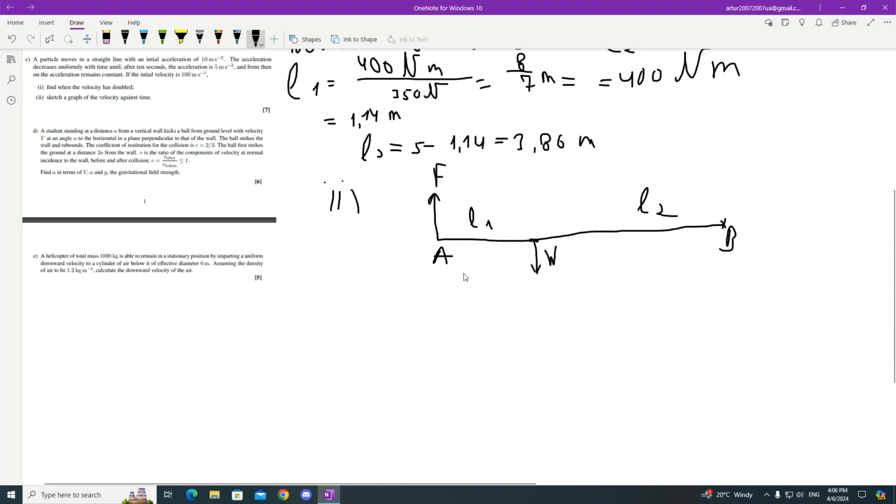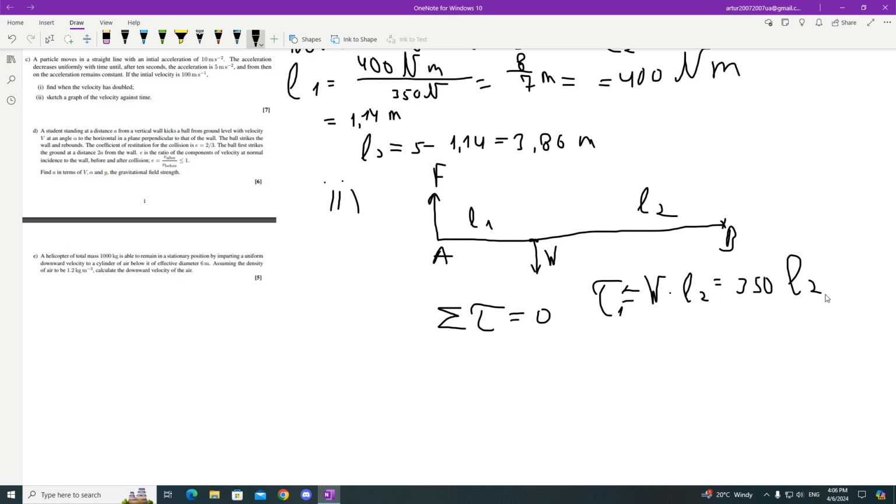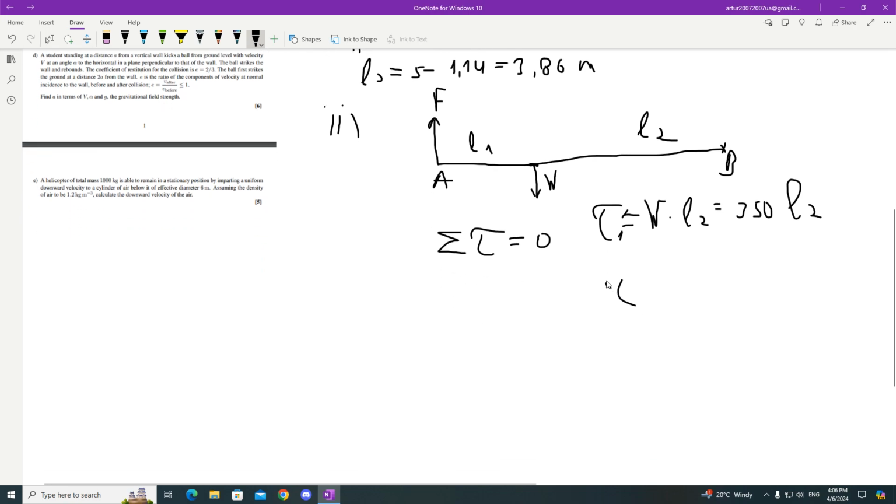Net torque is again equal to 0. Torque 1 is again the weight, this time times L2, because the distance to the axis is L2, so it's 350 L2. Let's leave it as it is for now, because L2 is not a very pleasant number. We'll use it later. Torque 2 is F times the full length L, so it's 5F.